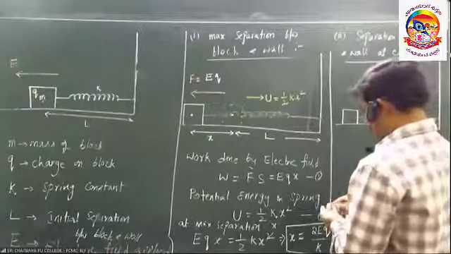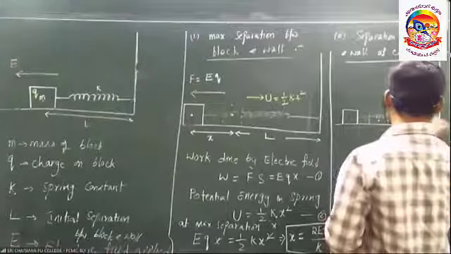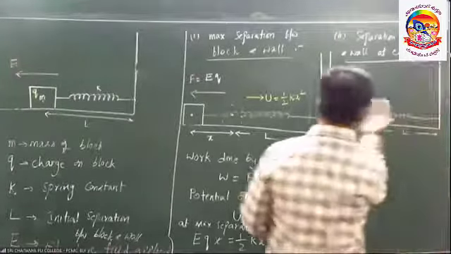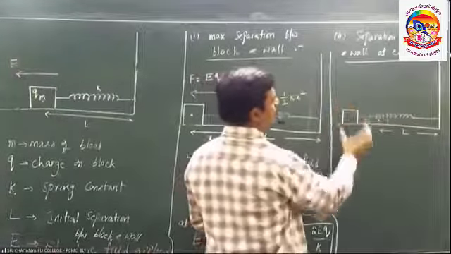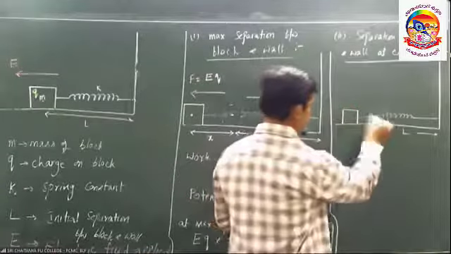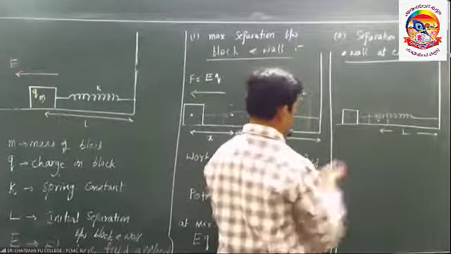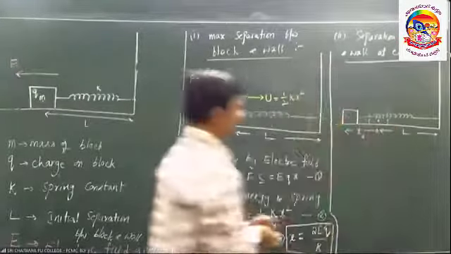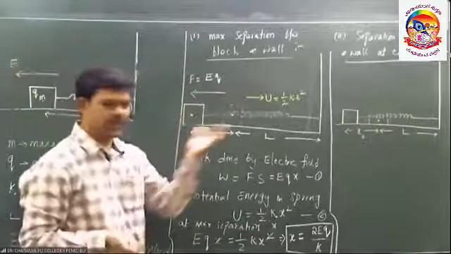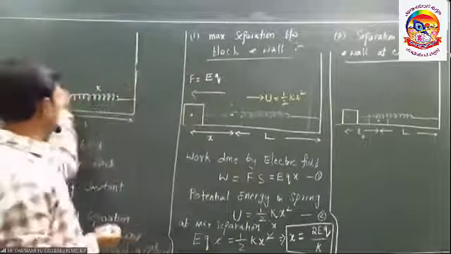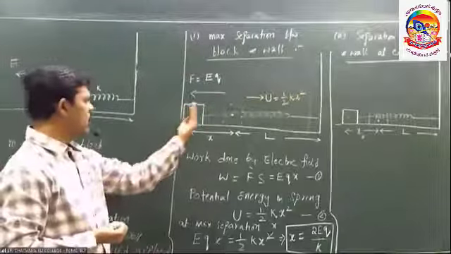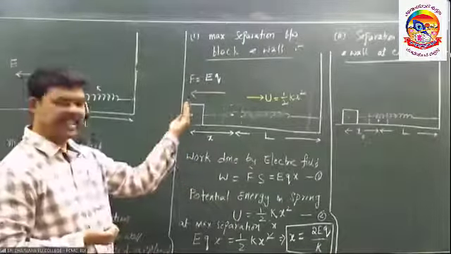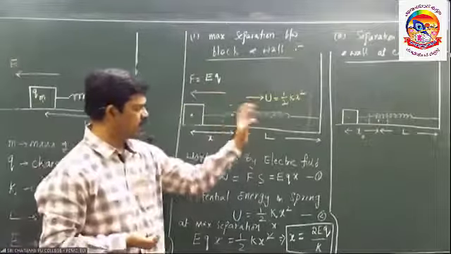Initially, the distance between this point and this point is L. Now it oscillates for some time and comes to rest at a distance, let us say, x naught. What is the difference, you understand? Once the field is applied, suddenly it moved back. What is the maximum distance it goes? This much. It cannot stay here. The spring develops a restoring force.